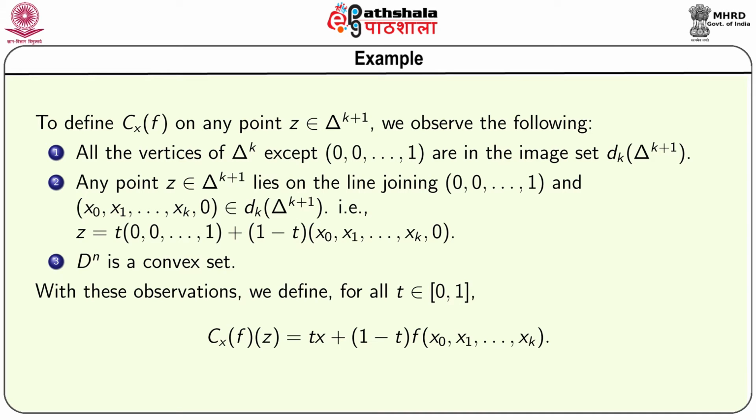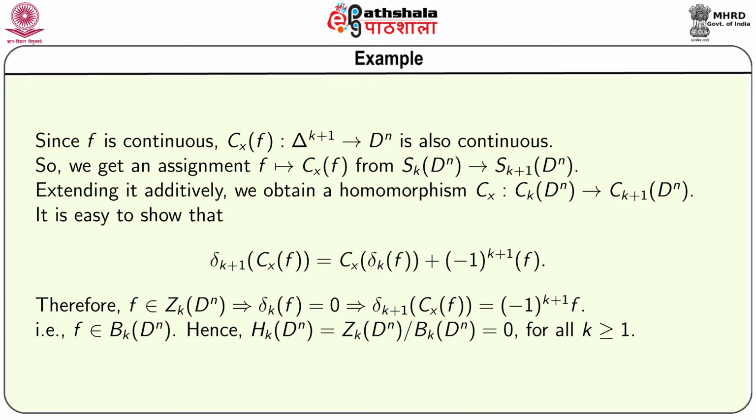With these observations, we define for every t belonging to the closed interval [0, 1] a function C_x f(z) equal to tx + (1 - t) f(x_0, x_1, ..., x_k). Since f is continuous, C_x f from Δ^(k+1) to D^n is also continuous, because C_x f as defined earlier is just a linear combination of continuous functions.